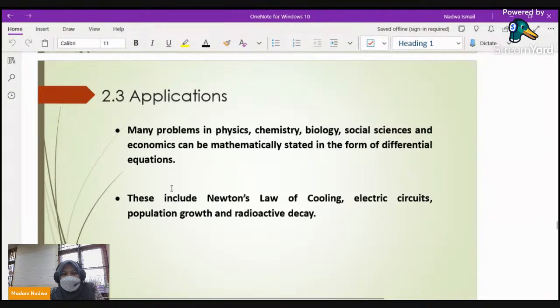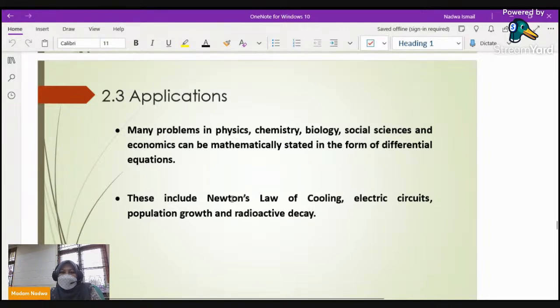Alright, so kita tengok. This includes Newton's law of cooling, electrical circuit, population growth and radioactive decay. So kalau awak Google lah all these things, all this law, Newton's law ni, electric circuits punya law, population growth dengan radioactive decay especially, you will find there is something that you familiar with, which is the differential equation yang melibatkan d lambda over dt.